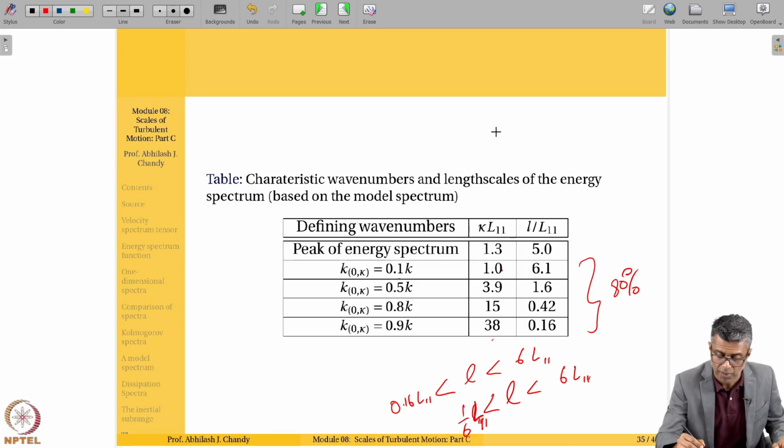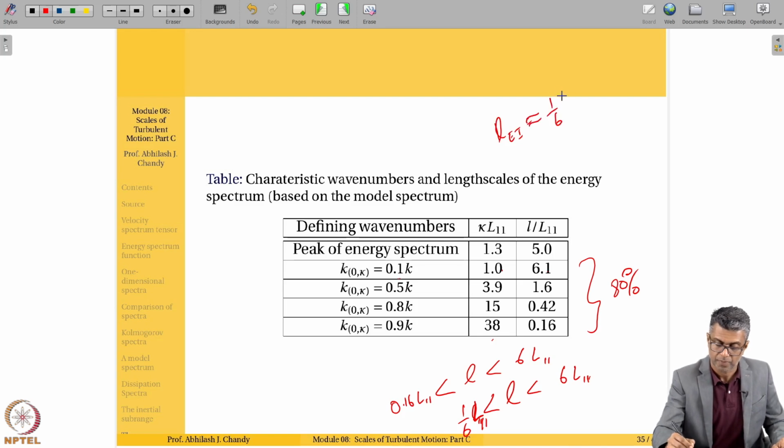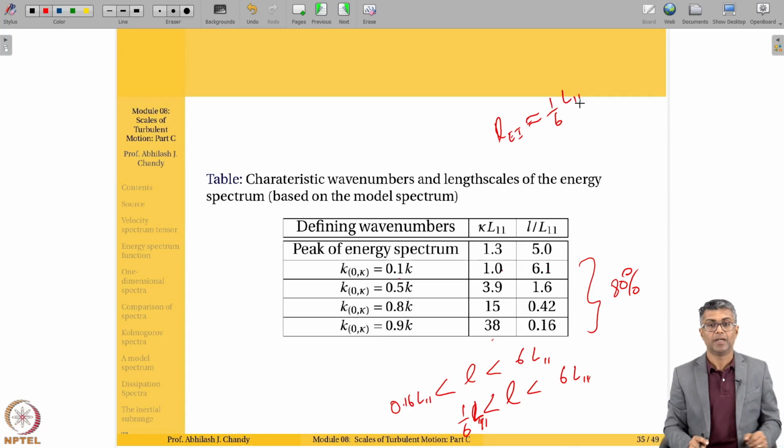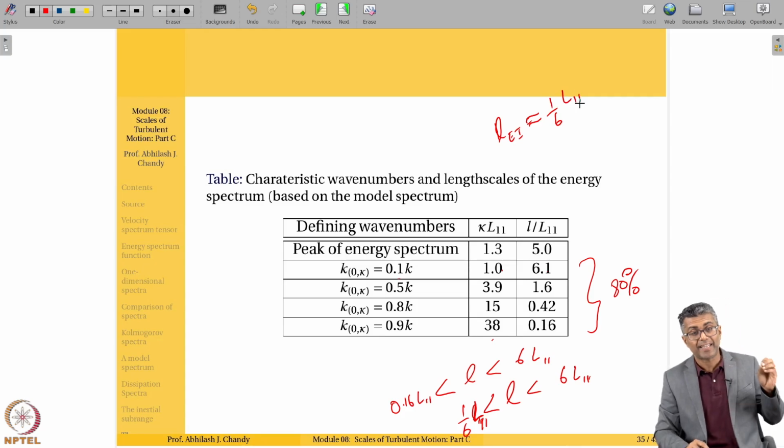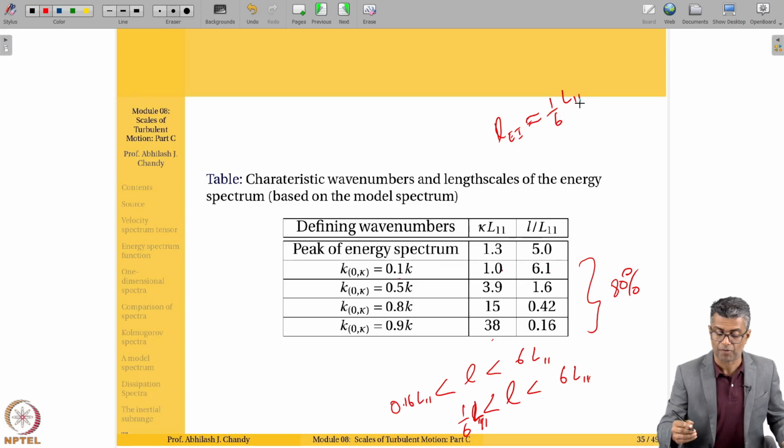So essentially what we are saying is LEI is approximately equal to 1/6 L11. We already said that, and at that time I said let's consider this to be arbitrary, but here is proof for that. 0.16 is approximately equal to 1/6. That's where the 1/6 is coming from.